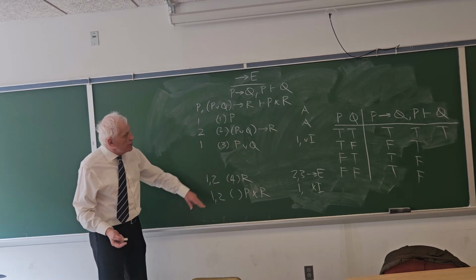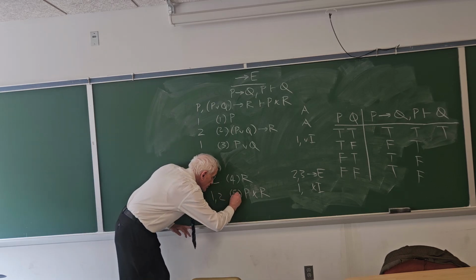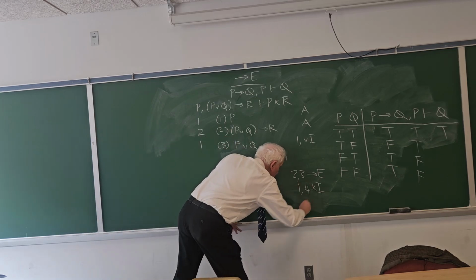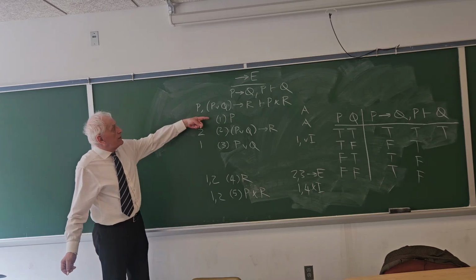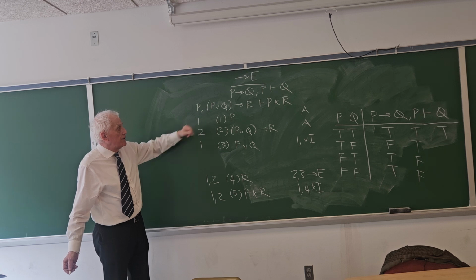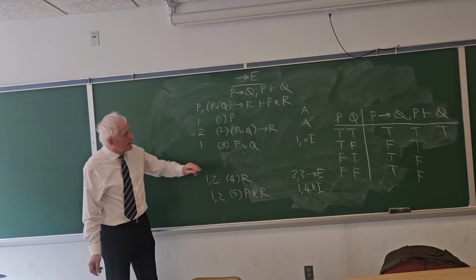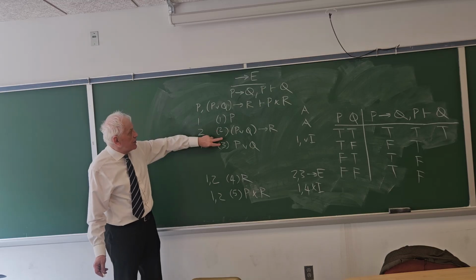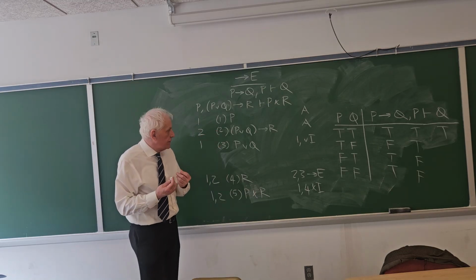And so now we've proved the conjunction, both P and R, from our two premises, P and if either P or Q, then R. Wedge introduction gives us either P or Q. Arrow elimination from 2 and 3 together, so arrow elimination is a 2-line rule.